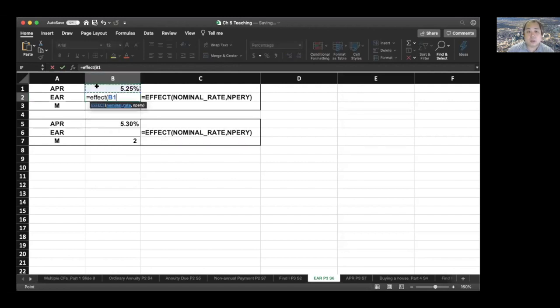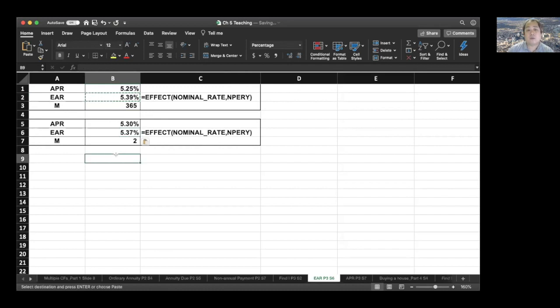The first argument is the APR, the second one is m. Then you have 5.39%. Same thing, copy paste. You have 5.37%. EFFECT, APR, and m. You take the higher EAR one.